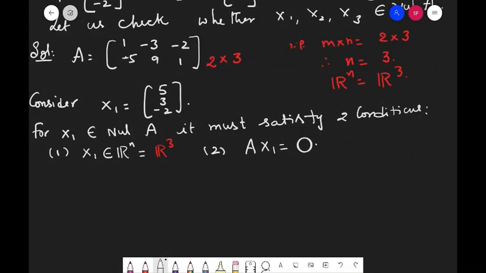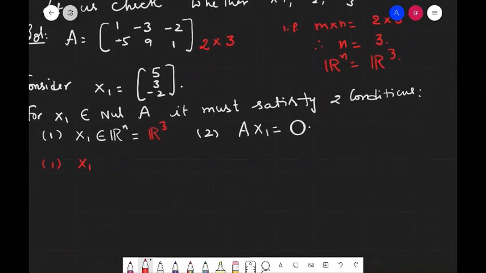So first condition, let us take the first one. What is the order of x1? It has 3 rows. x1 is 5, 3, minus 2, so its order is 3 by 1.